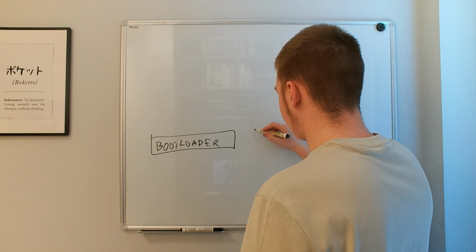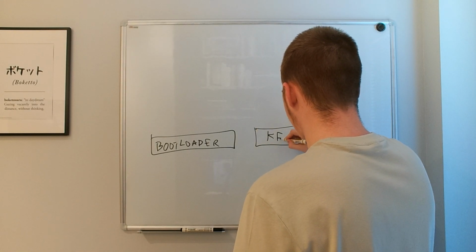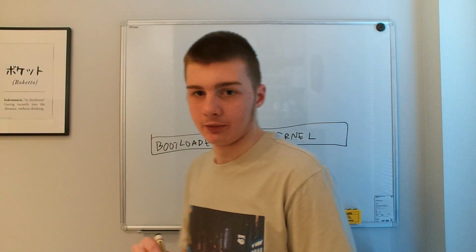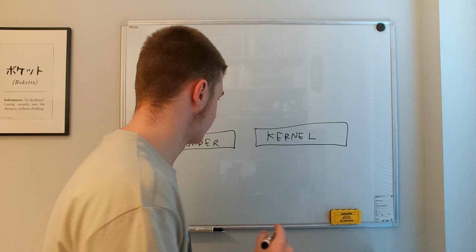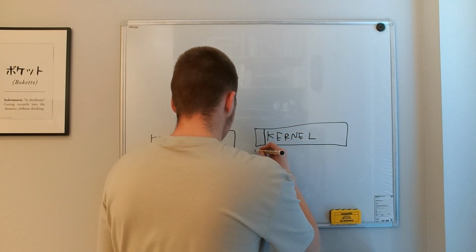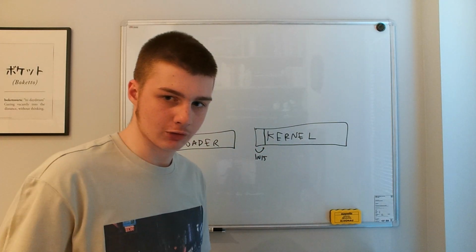So you have your bootloader, you have your kernel, and the general idea is that some part of this kernel is going to be some initial code or initialization code.